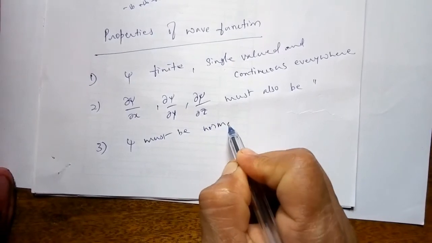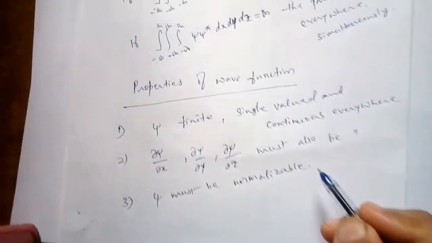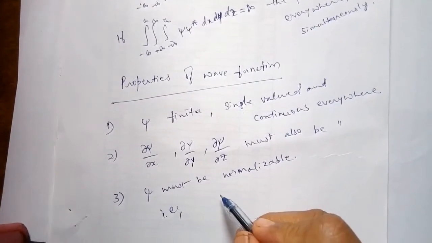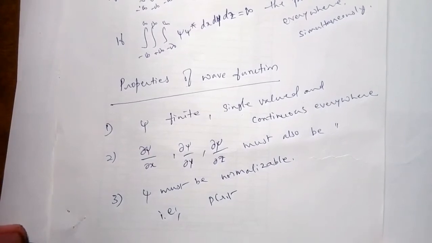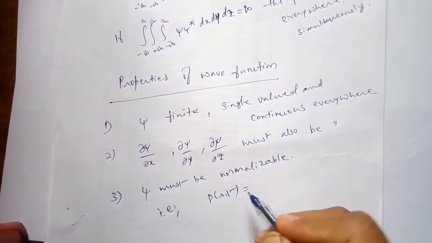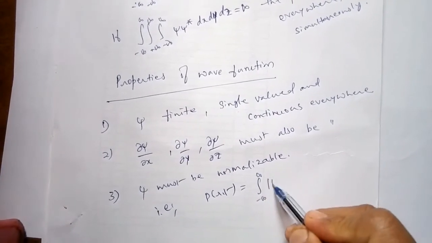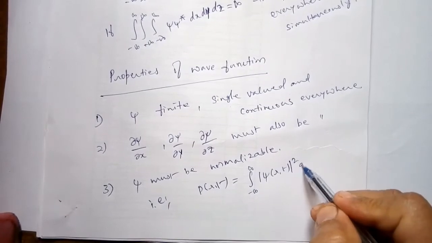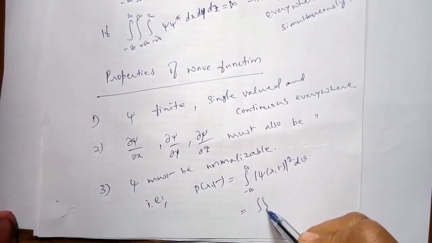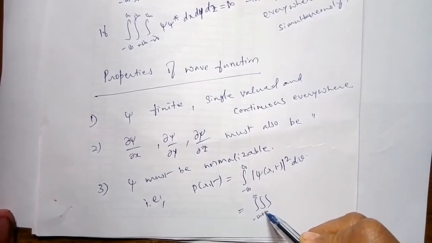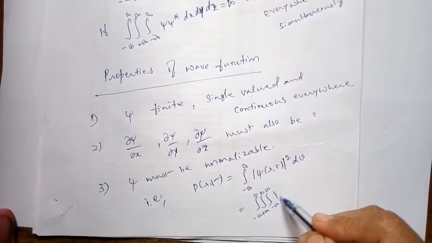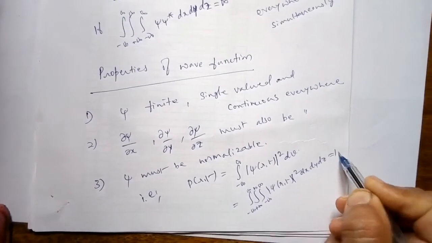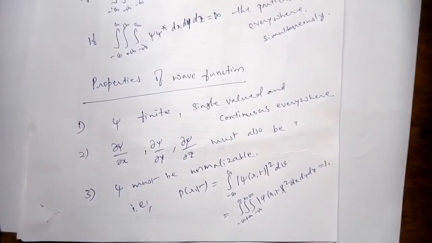Normalizable means the total probability P of r comma t is equal to the integral from minus infinity to plus infinity of modulus psi of r comma t whole square dV, which is equal to the triple integral from minus infinity to plus infinity of modulus psi of r comma t whole square dx dy dz, equal to 1. So the probability of finding is equal to 1.